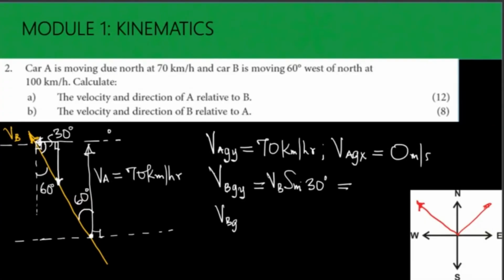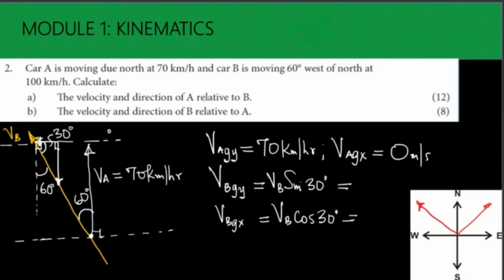Velocity of B relative to the ground on x-axis is going to be the velocity of B cosine of 30 degrees. I believe you know that sine 30 and cos 60 is the same, and cos 30 and sine 60 is the same. You can consider 60 degrees, you are still going to get the same answer. Do you understand?